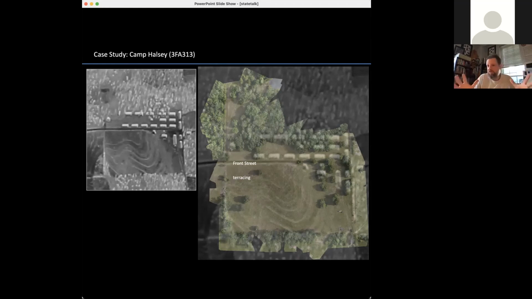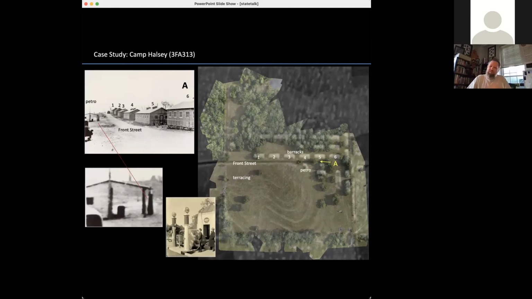So we can look at the distribution of the buildings. But in terms of what types of buildings, what do those boxes represent? Several historic images have helped. I'm just going to highlight 2 of those here. The first one here, image A, okay? It's a photograph taken in 1934.